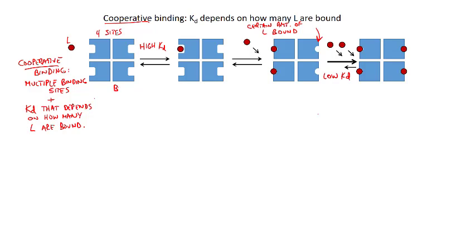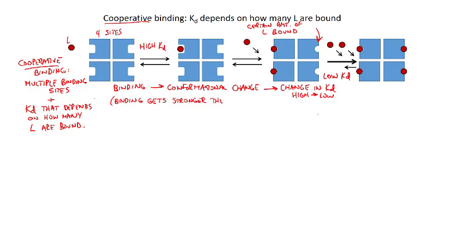So in other words, what happens is that a certain amount of binding leads to a conformational change, which causes a change in the KD, usually going from high to low. So another way of thinking of cooperative binding is that binding gets stronger the more L is already bound.